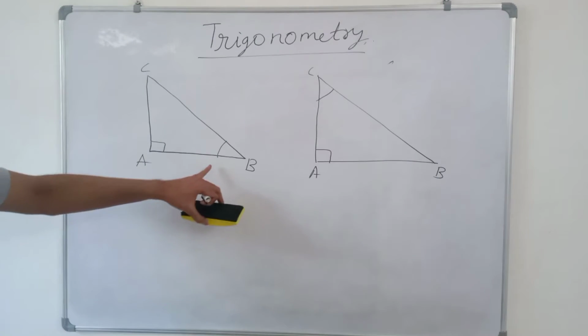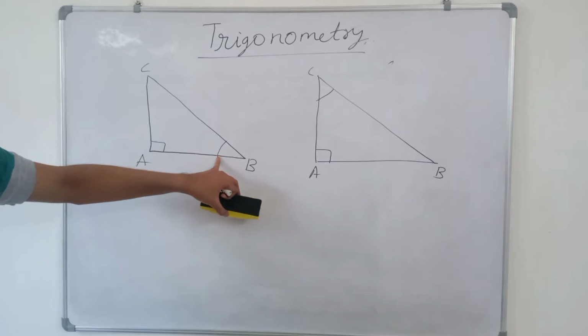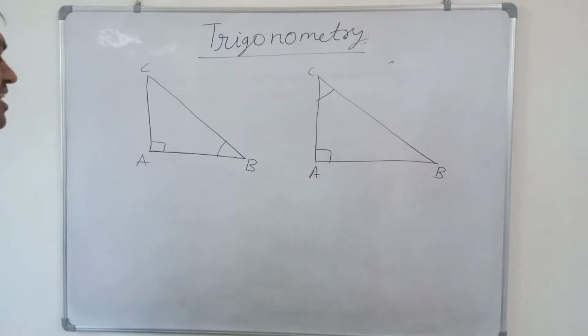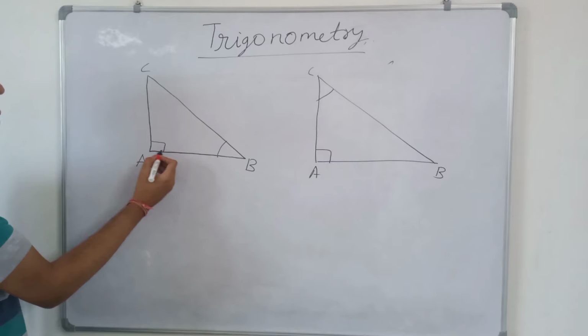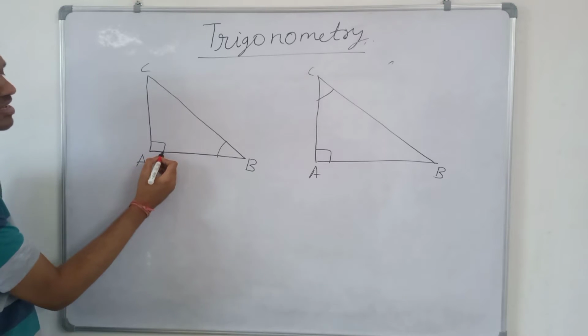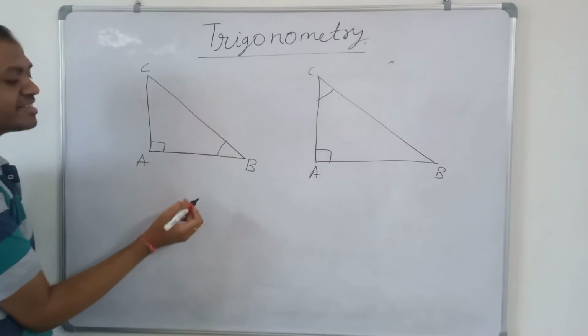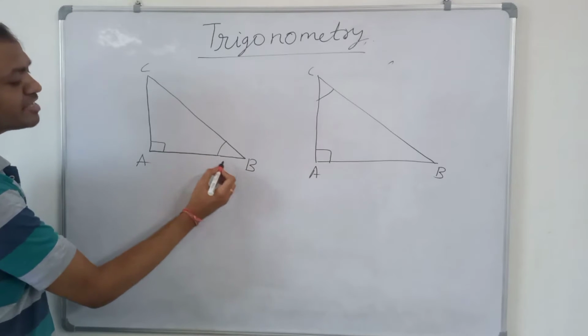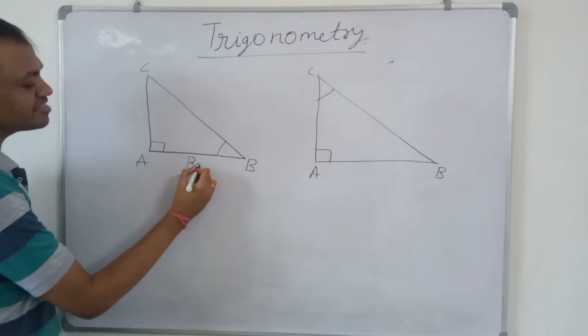Here we are considering angle B and here we are considering angle C. When we are considering triangle ABC with angle at B, then the line on which both the angles lie is called the base.